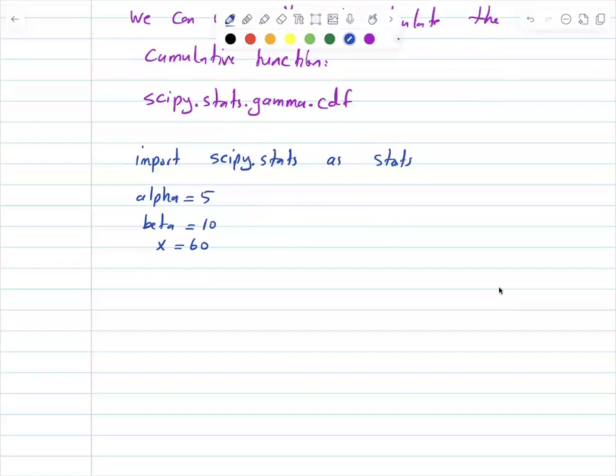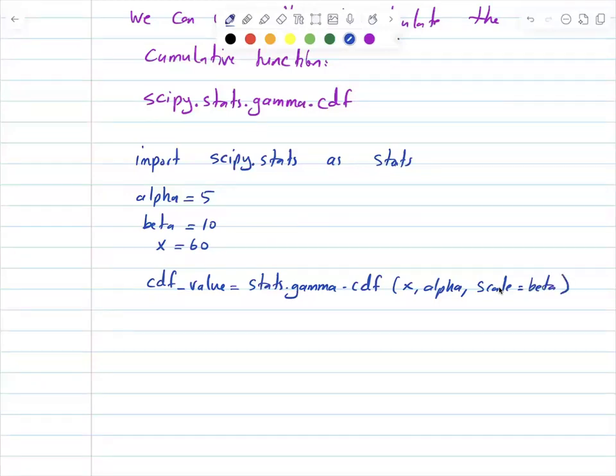Define a new variable, cdf_value, to be stats.gamma.cdf, pass in x, your alpha, and then set the scale to be beta. We talked about this at the beginning of the lecture about gamma distribution.